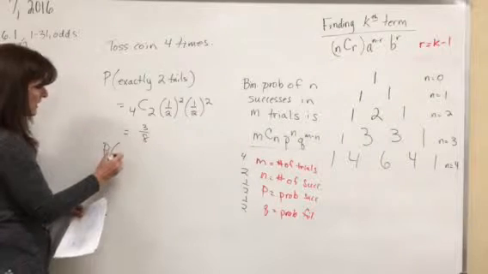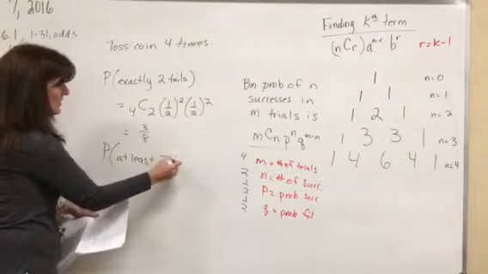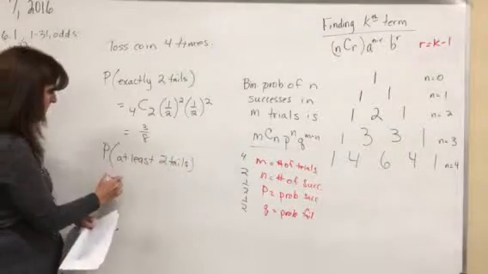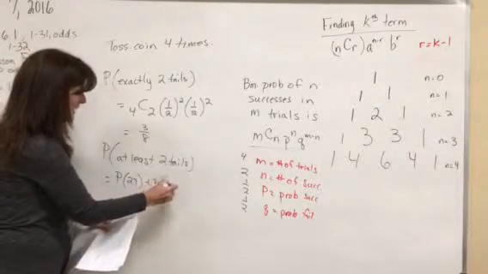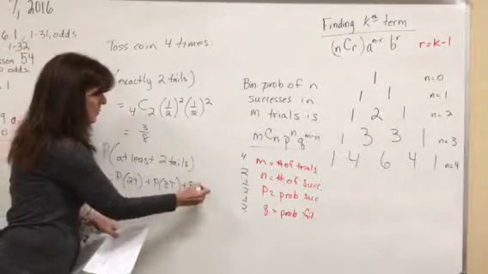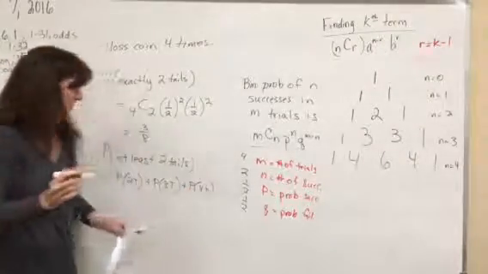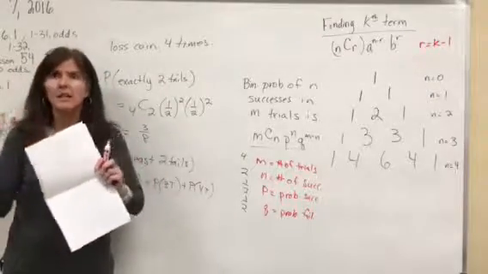Now, the probability of at least 2 tails, you can do probability of 2 tails plus probability of 3 tails plus probability of 4 tails, and you do each one of these this way. So that's a little time consuming, or it's a little bit easier to think of the opposite.